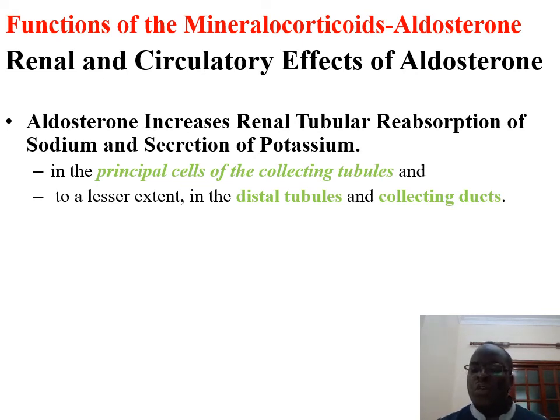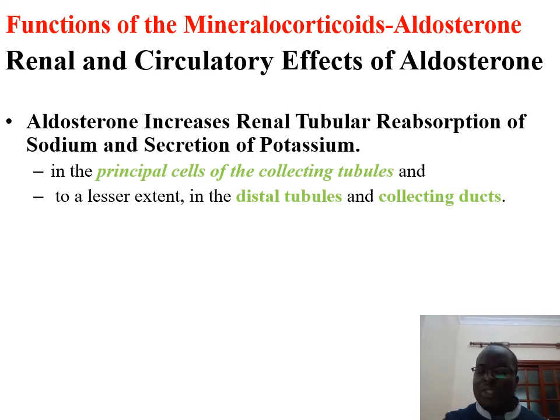But later on, you realize that in the intercalated cells, there is reabsorption of potassium in exchange for hydrogen ions. So if you are exchanging much of the sodium for potassium, then later on that potassium can be exchanged with hydrogen ions. So what will be the overall effect there? You'll find that there will be an increase in the levels of sodium in circulation.